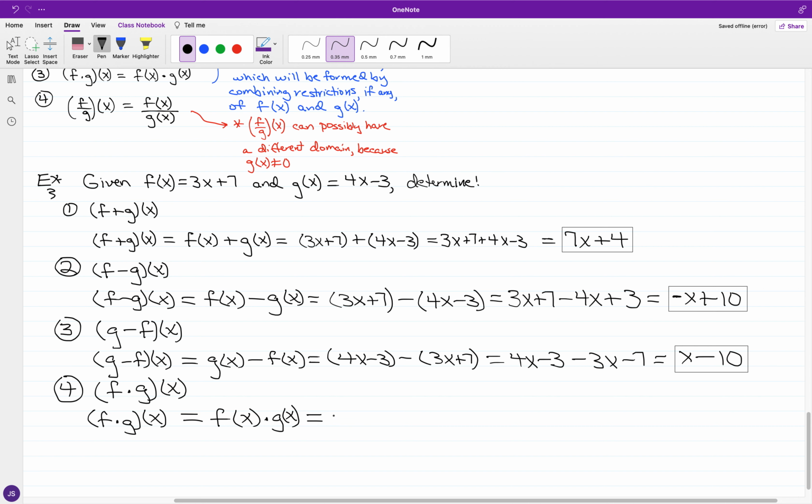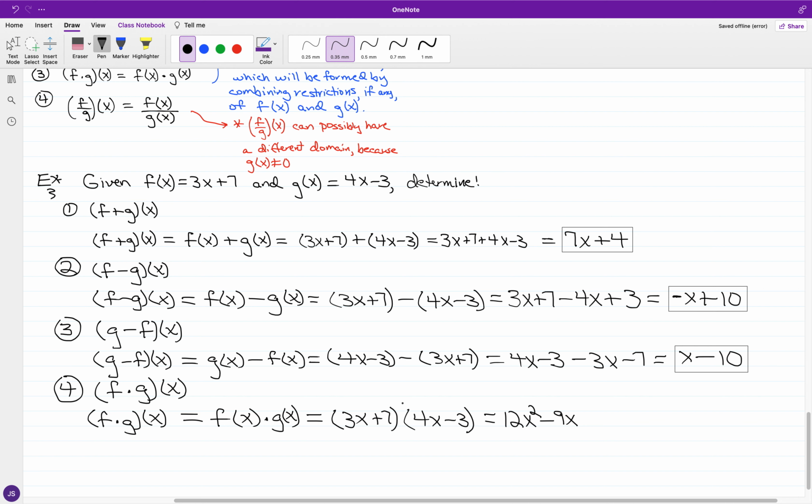So f of x again is going to be 3x plus 7, and g of x we have as 4x minus 3. And if we FOIL the terms out, we got 3x times 4x, so this will make 12x squared. Outside product, we have negative 9x.